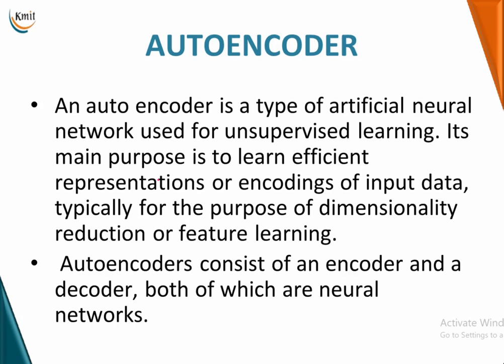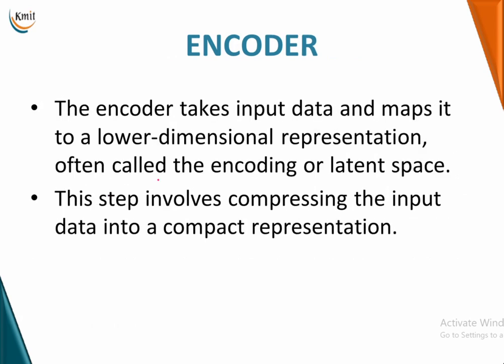An autoencoder consists of an encoder and a decoder, of course, as the name suggests, and both of them are neural networks. The encoder takes the input data and converts it into a low dimensional representation, which we also call encoding, or converting the data into latent space. You have to remember this. Encoding is converting or representing your data into latent space.